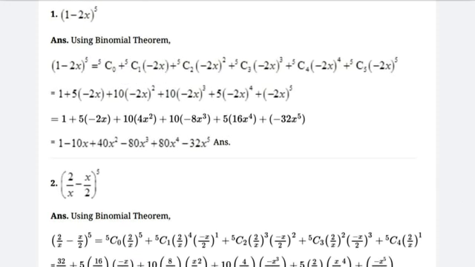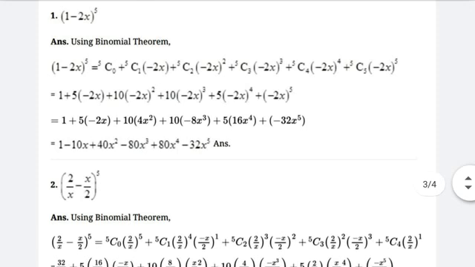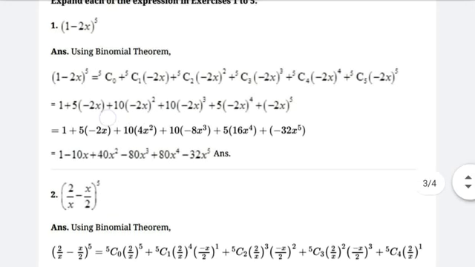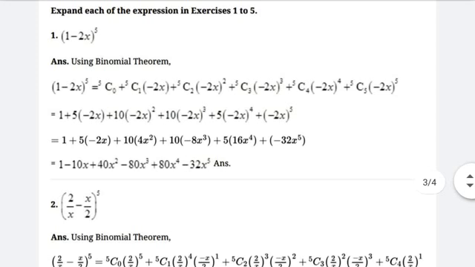Now 5C0 is 1, 5C1 is 5(-2x), then 5C2 is 10(-2x)^2. You simply apply the formula here. Don't do the direct values. Simply apply the formula, that is n factorial upon r factorial into (n - r) factorial, right? By doing so, you can easily do it.